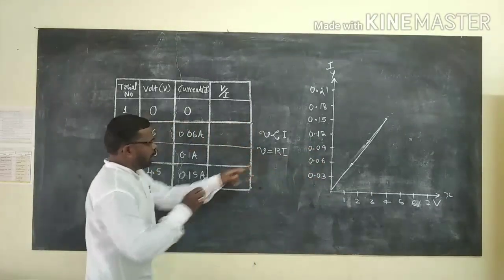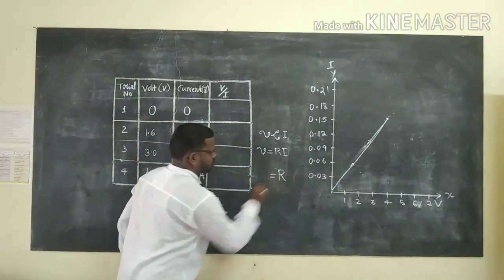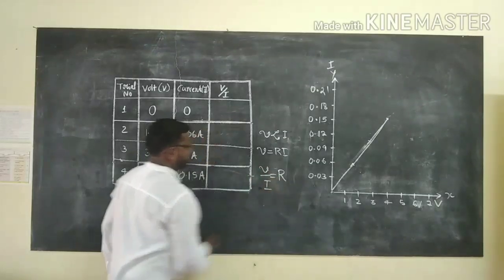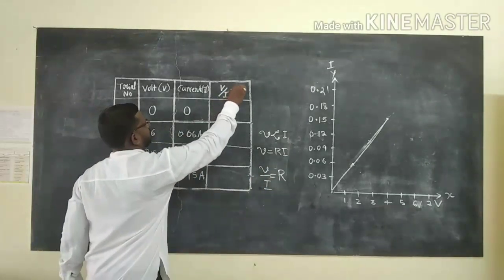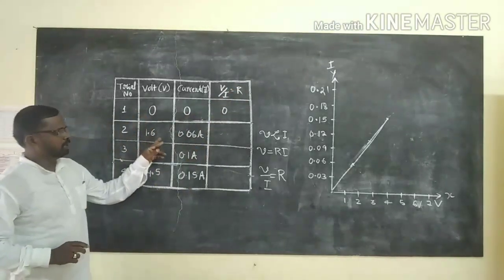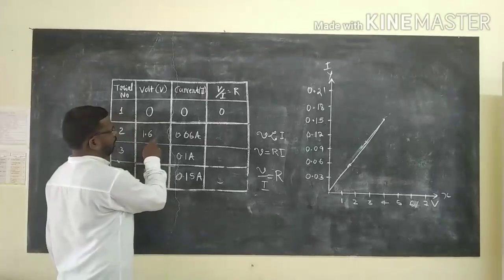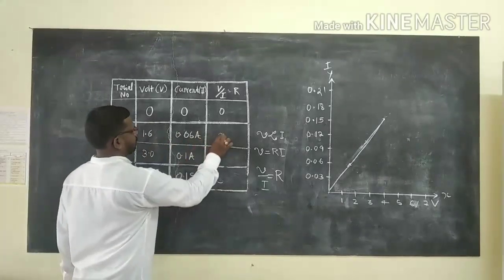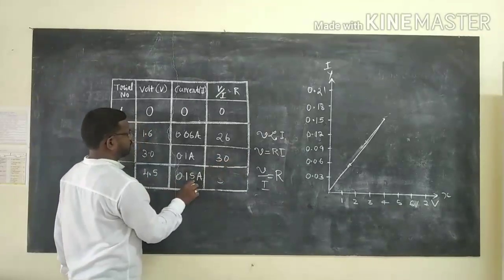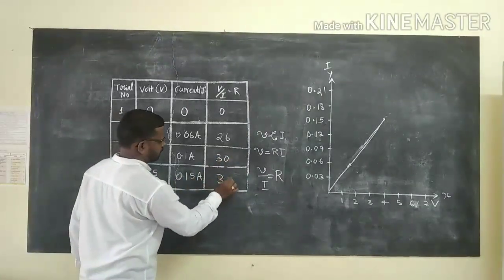The constant R can be calculated by V by I. Suppose you calculate V by I in this column: for 1.6 the value of R is 26, here it is 30, here V by I is 30.